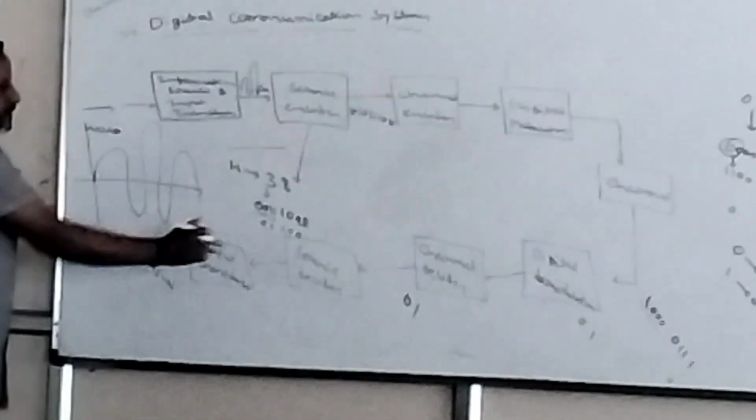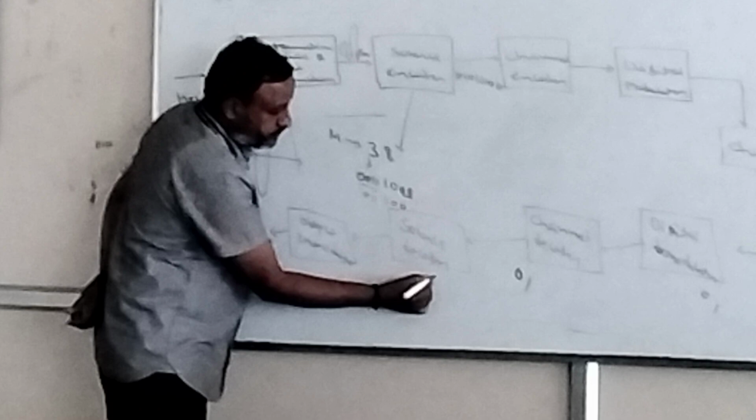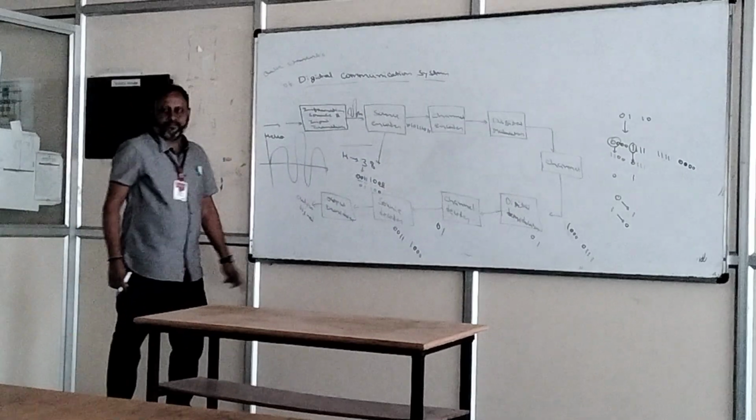Now it is moving to the source decoder, where this 0 1 is again 0011 1000. You consider this, and it will generate what is called H. Now this H is electrical.